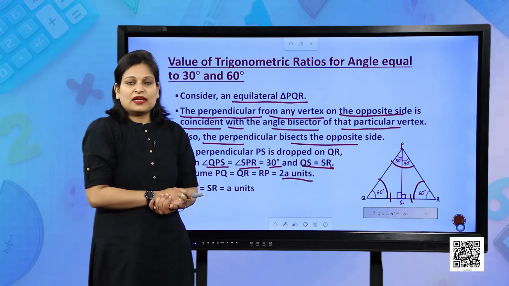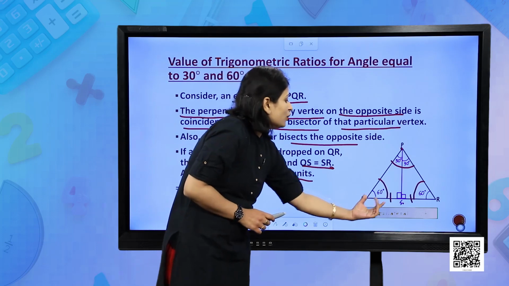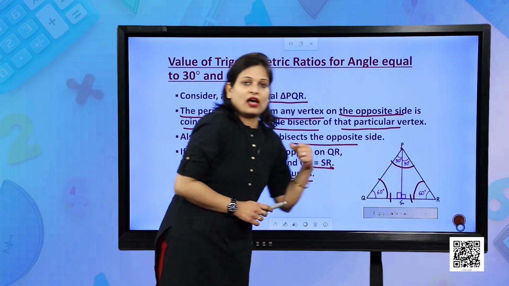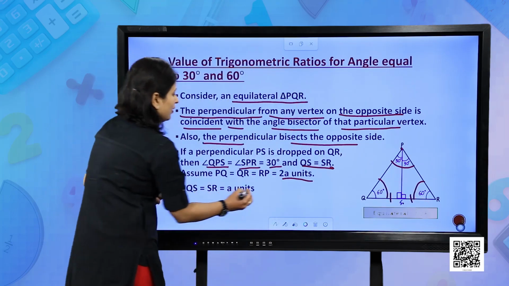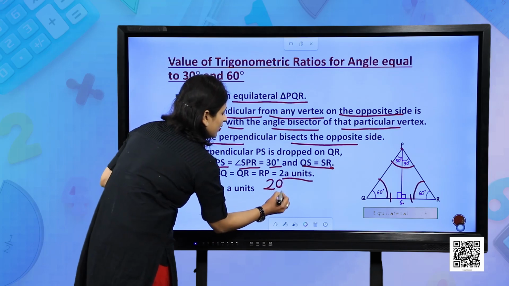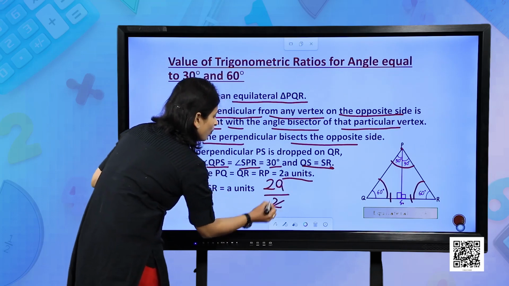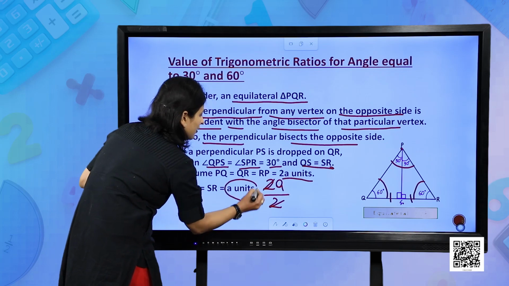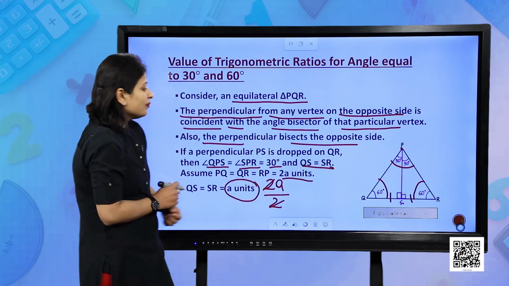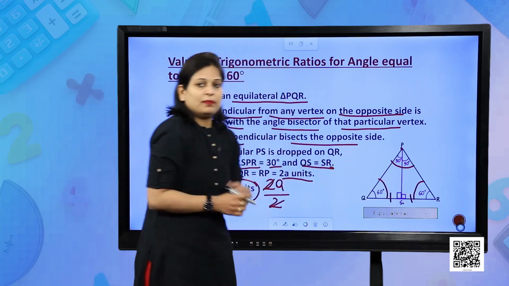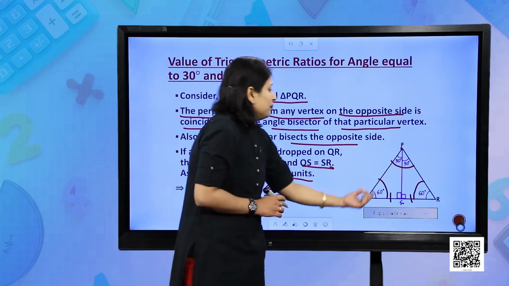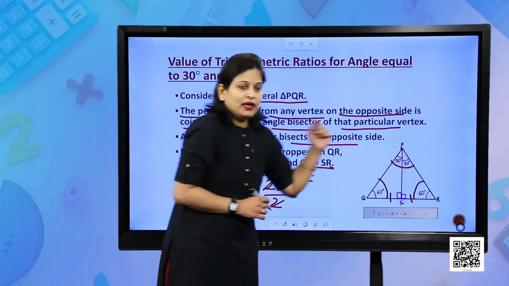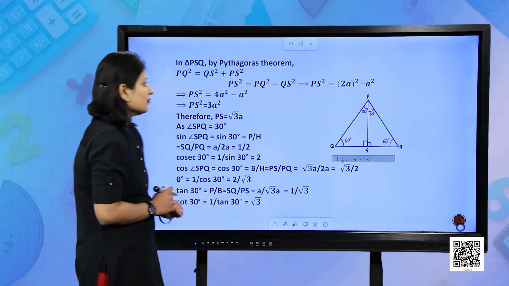So, what will be the measure of the length of sides QS and SR? It will be 2A divided by 2. What will you get? A units. So, QS and SR will be A, PQ and PR will be 2A.